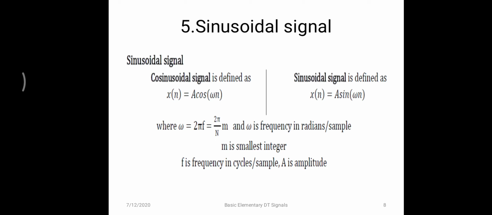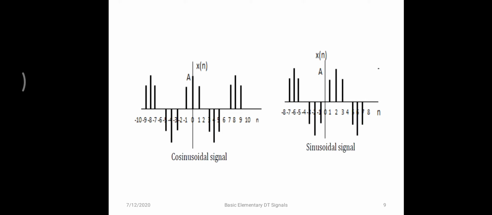There the time period is T, here the time period is N, and the period should be a full integer number. To make this a full integer, we should multiply by small m. That small m will make the entire period a full integer number. And these are the graphical representations of cosine and sine waveforms.